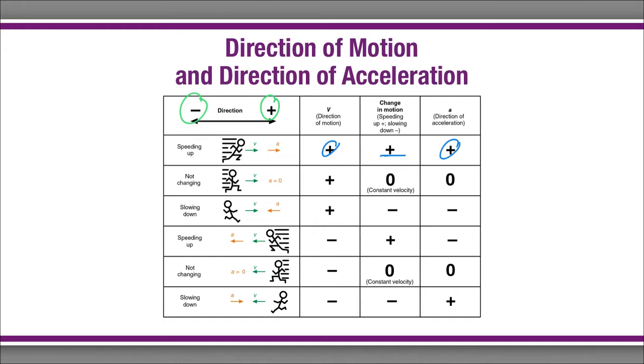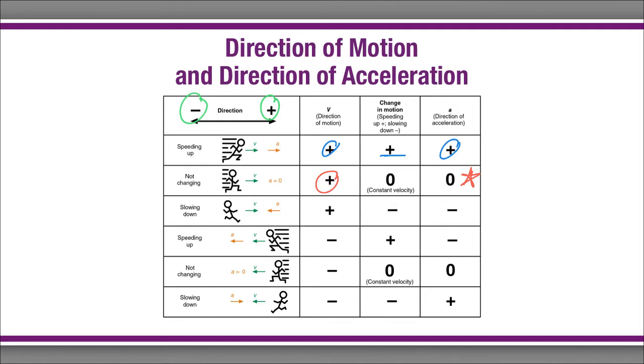All right, now if you are maintaining a velocity going to the right, okay, so your velocity is still positive but you are at a constant velocity, that means that your acceleration is equal to 0. All right. No change in velocity means that the acceleration is 0 or the velocity is constant.